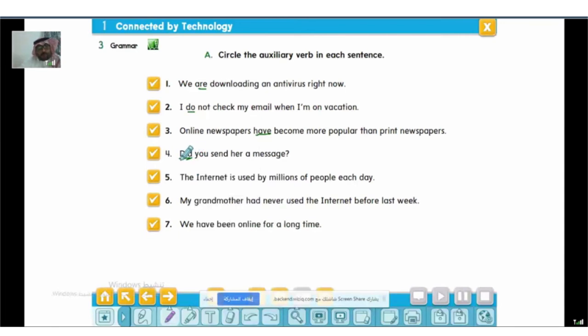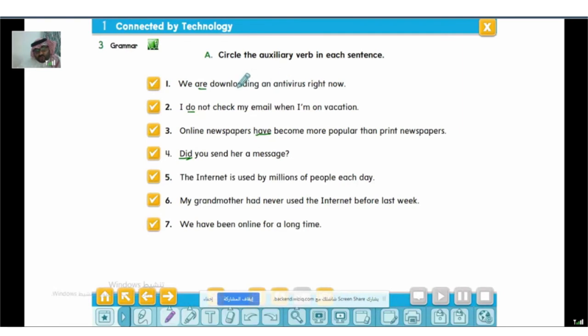By the way, in the first sentence, which tense is it? It's present continuous or progressive.